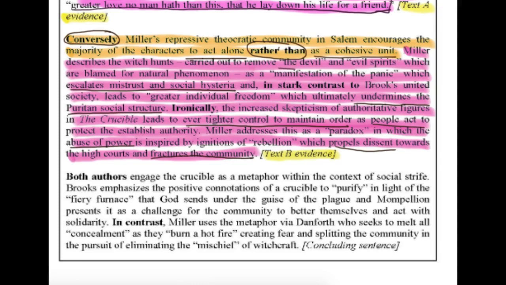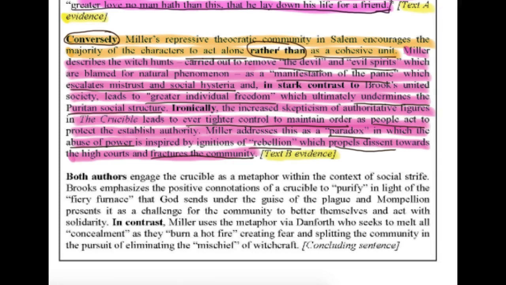The other thing, again, is that we're embedding lots of quotes: manifestation of the panic, which is a stark contrast to Brooks's society leads to greater individual freedom. We're talking about a paradox, it's about ignitions of rebellion. So the embedded quotes also support the points that we're making for the evidence which supports the first statement and then the topic sentence.